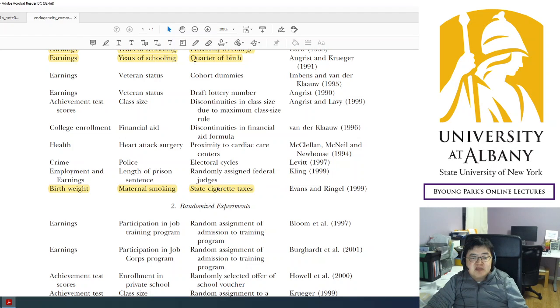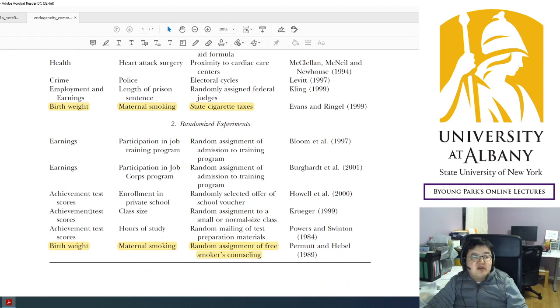So an interesting instrument is cigarette taxes. If the state tax is high, it has nothing to do with your baby or a mother's tendency, but taxes obviously have some effect on smoking decisions. I don't smoke, so I don't know how high those taxes are, but it's quite clear, right?